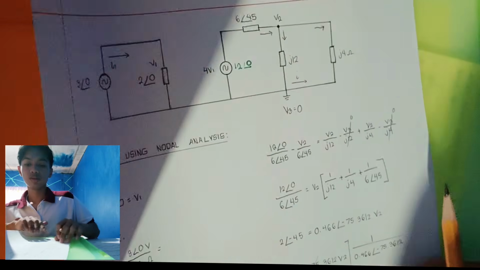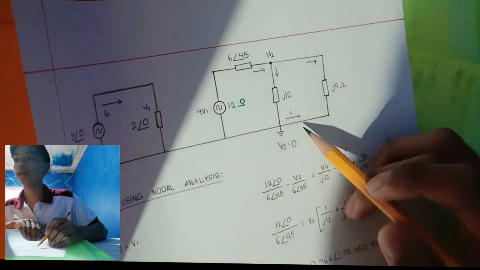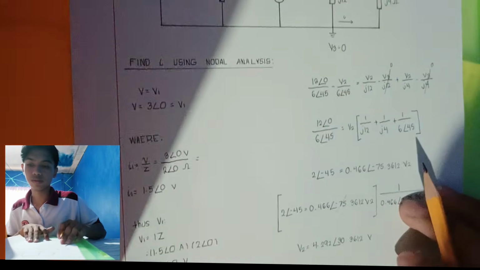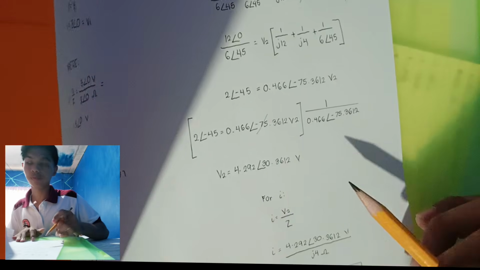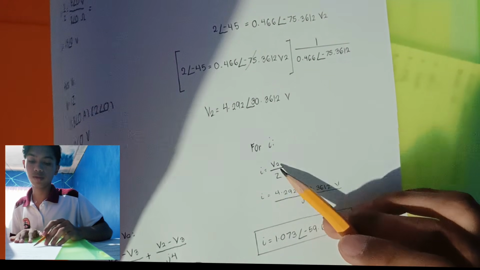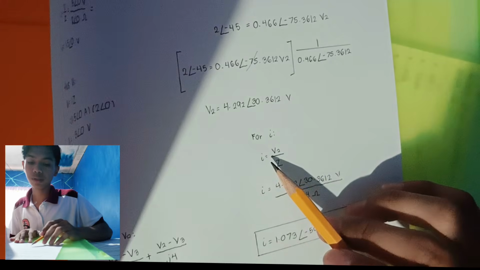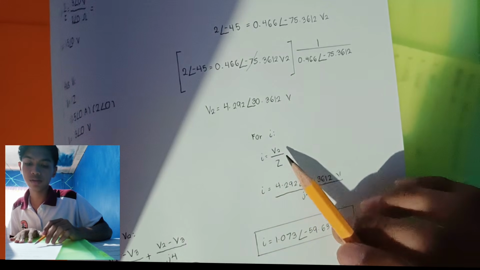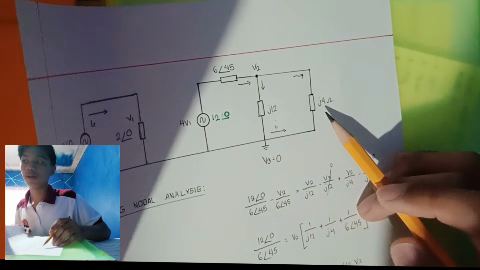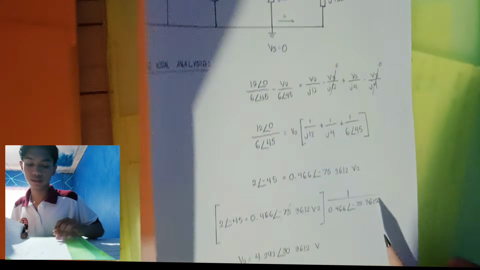We can now find the value for I in this circuit. To solve for I, it is simply Ohm's law: I is equal to V2 over the impedance j4 of this component.